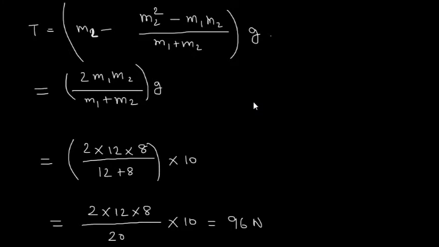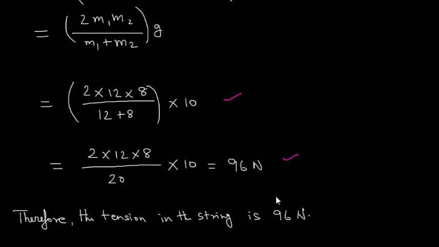Putting the values of m1, m2 and g, we get 2 into 12 into 8 upon 12 plus 8 into 10, that is 96 Newton. Therefore, the tension in the string is 96 Newton. This is the answer. Let us move to the next sum.